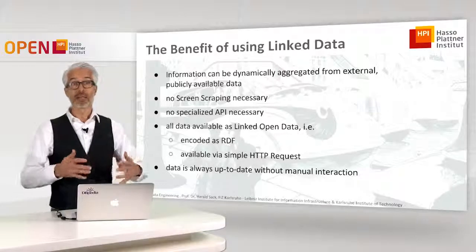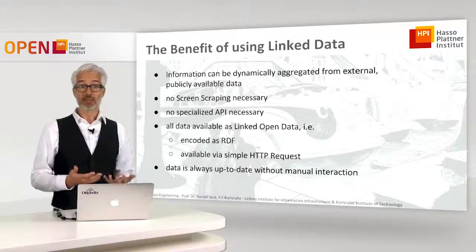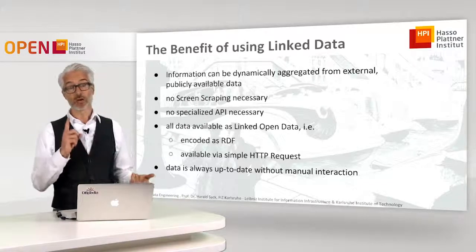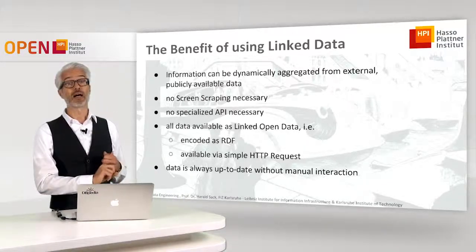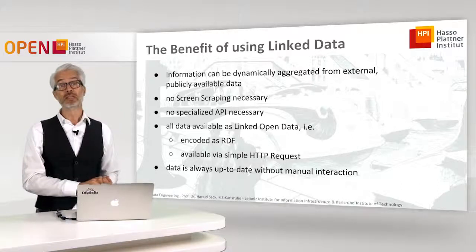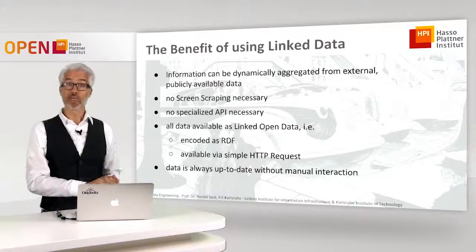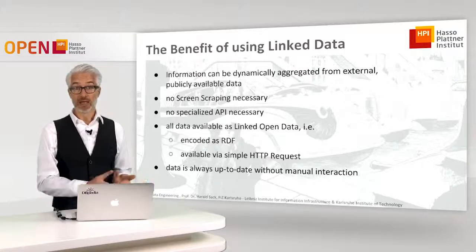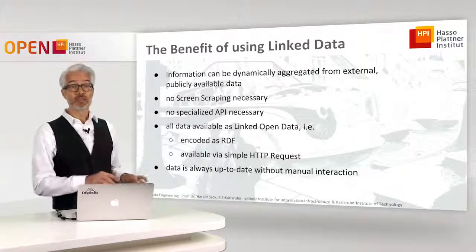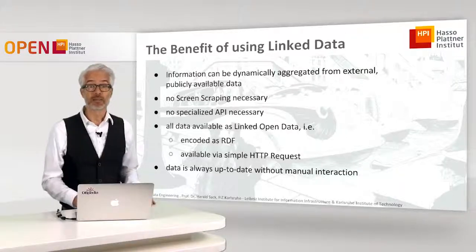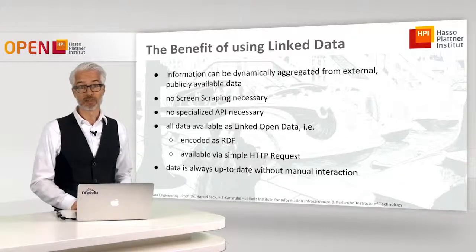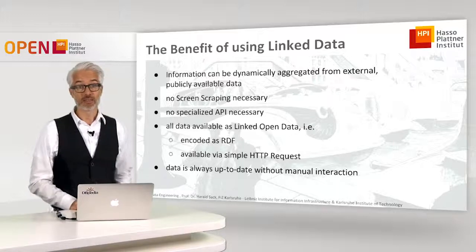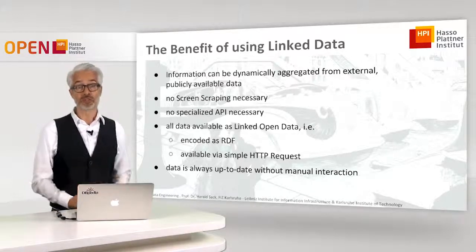You can always do this via the generic linked open data interface, which means all your data is encoded via RDF. You will be able to look up the vocabularies that have been used to encode that data and what they mean. And each piece of data will be available via a simple HTTP request. So this is really an open and generic interface. And this, of course, is a huge benefit.